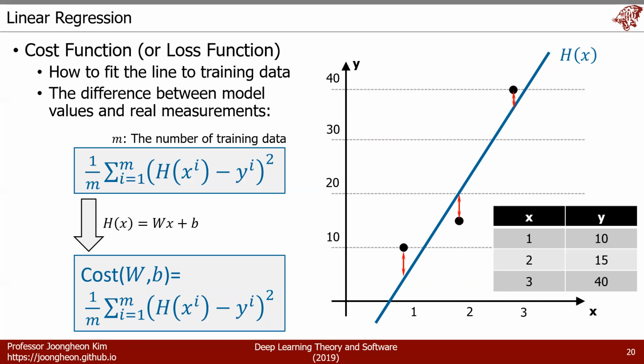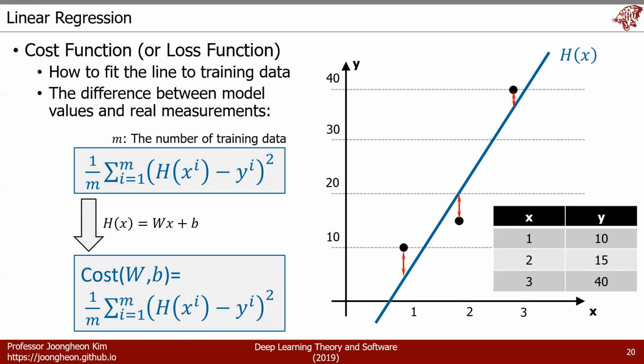We have to see the gap between them and minimize it. So we subtract one value from the other, and then take the square because we do not need the sign anymore. We just see how much they differ. That's why the sign has no meaning at all. We have the square, and then we take the average over all given samples. That is the main equation for the cost function.